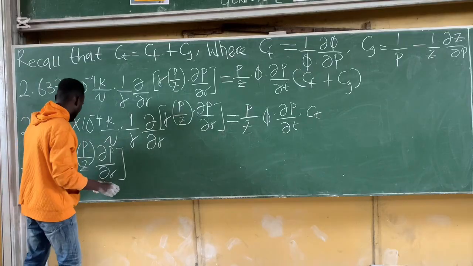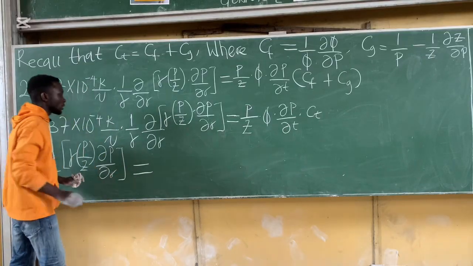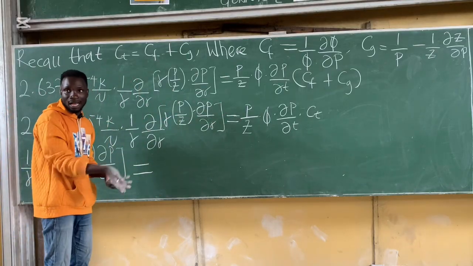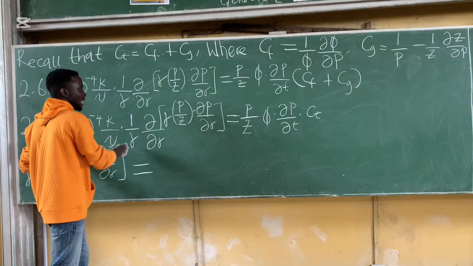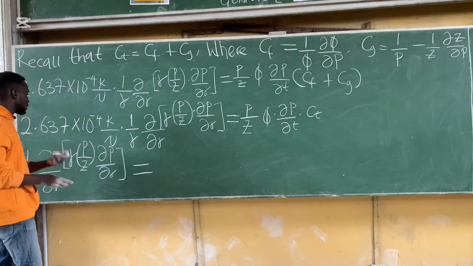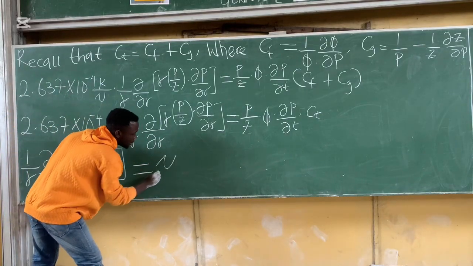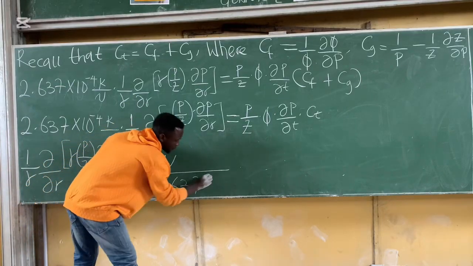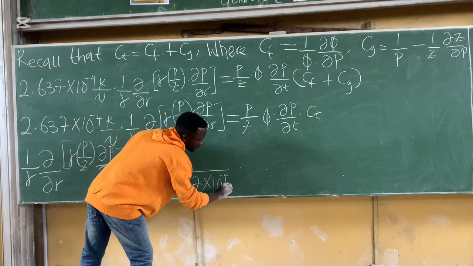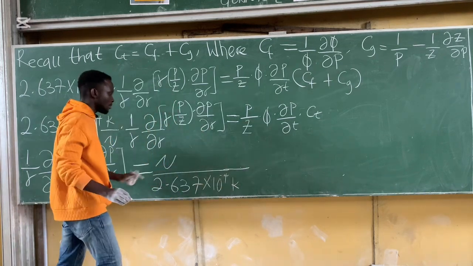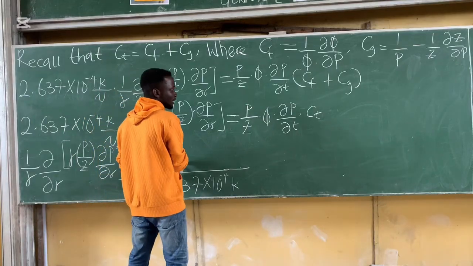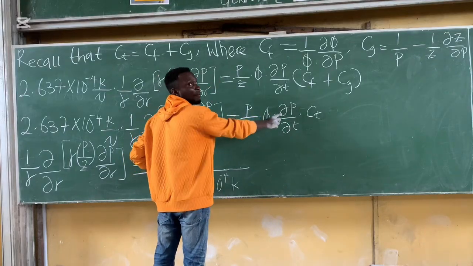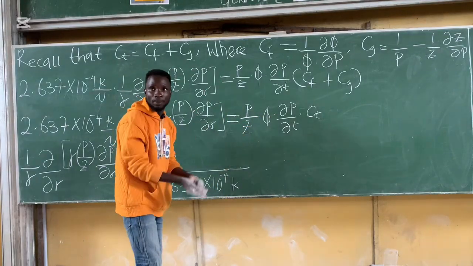So we are going to have this equal to, now, if we divide through by this, at the right hand side we're going to have the inverse, which will be mu divided by 2.637 times 10 raised to the power of minus 4k. Now remember that at the right hand side, we have phi, we have Ct, we have p over z, and we have dp/dt that are multiplying.